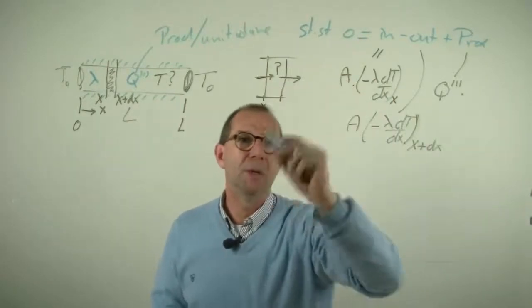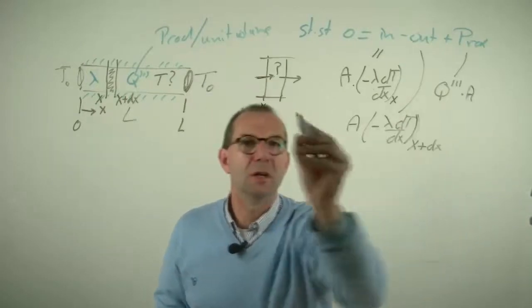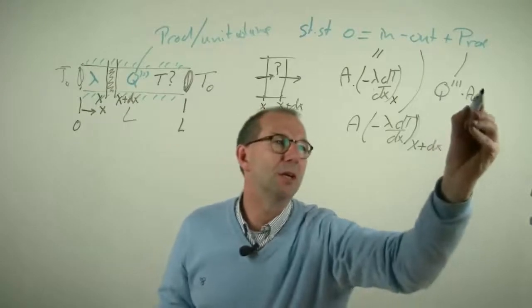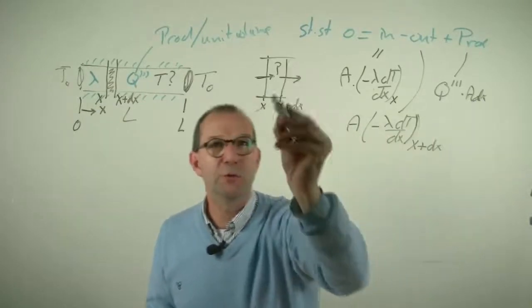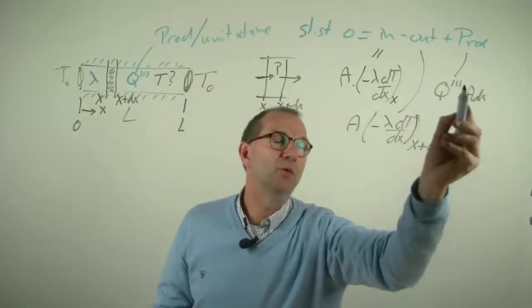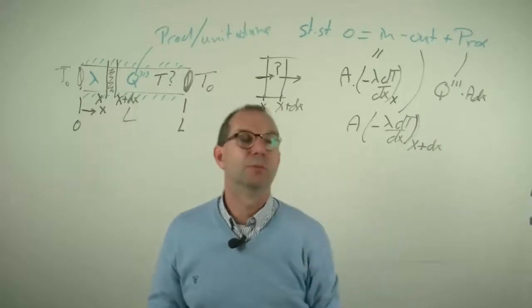And my total volume is the area A, times the thickness of that small piece that I took out. A dx is the volume of this, the volume that I marked here. Multiply that volume by the production per unit volume and you have the production in this volume.